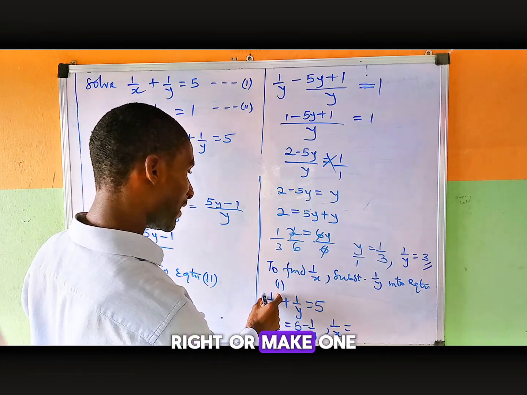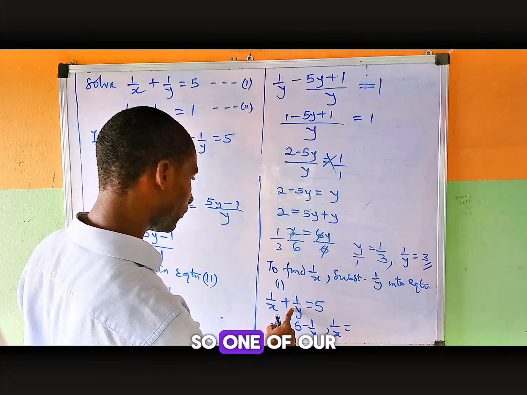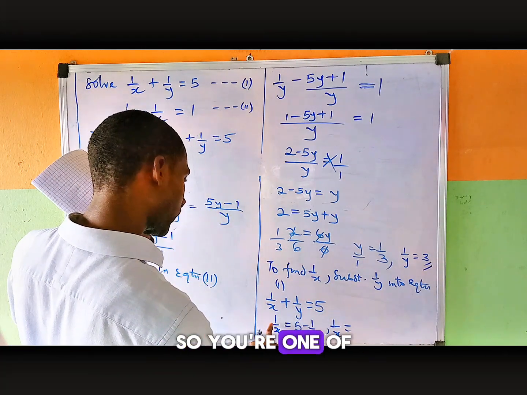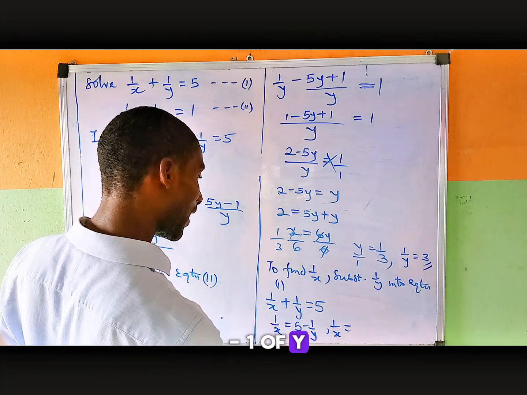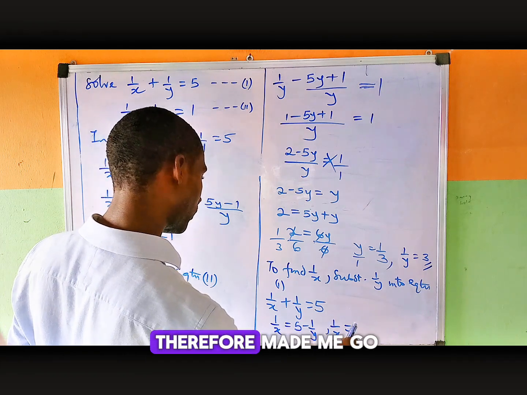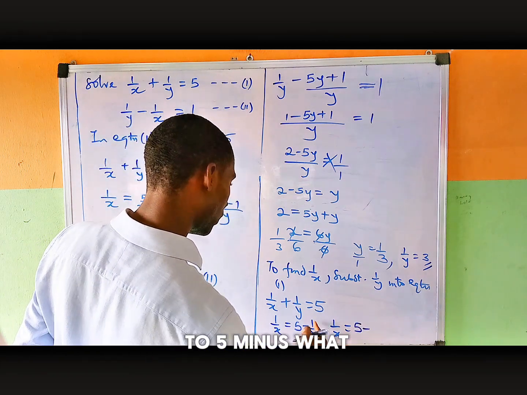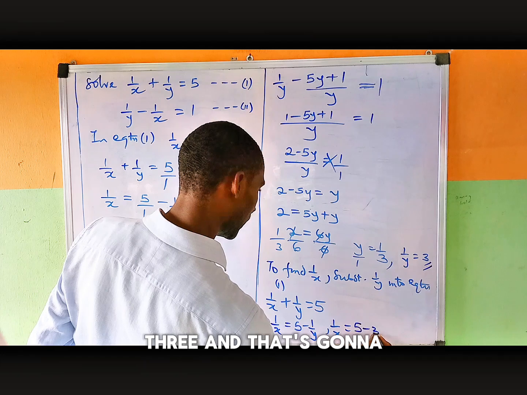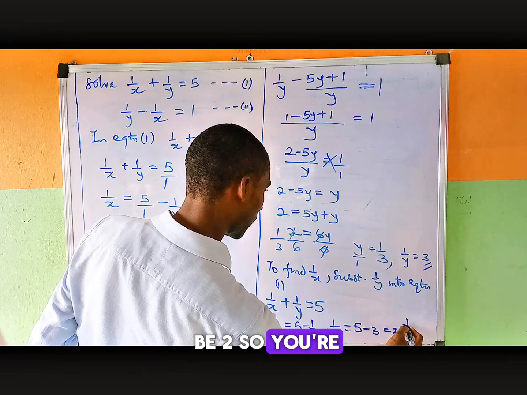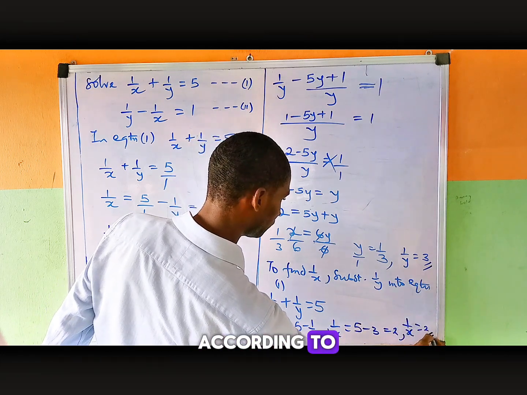So 1 over y moves here. So you have 1 over x equals 5 minus 1 over y. 1 over x is therefore going to be what? 5 minus what is 1 over y? 3. And that's going to be 2. So your 1 over x is equal to 2.